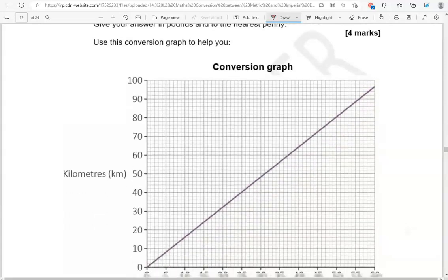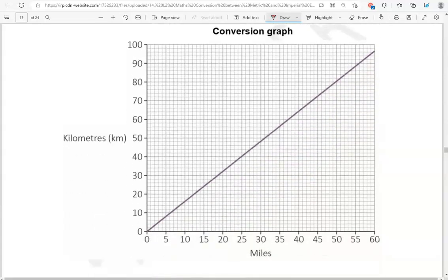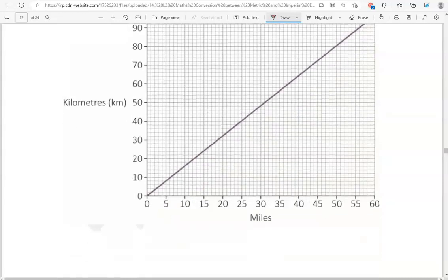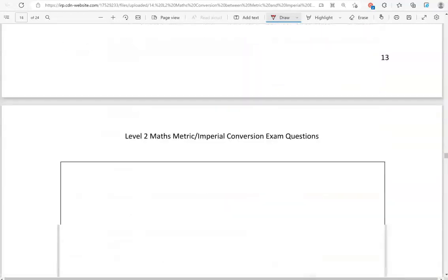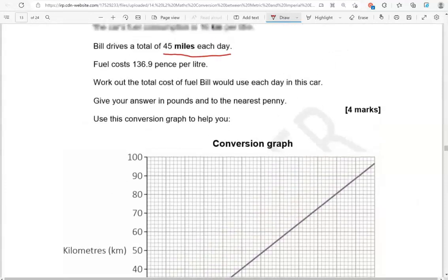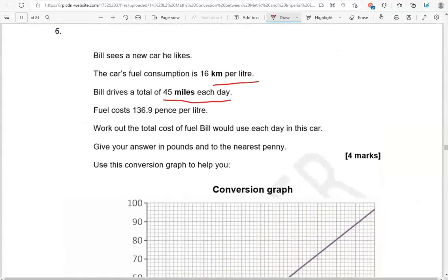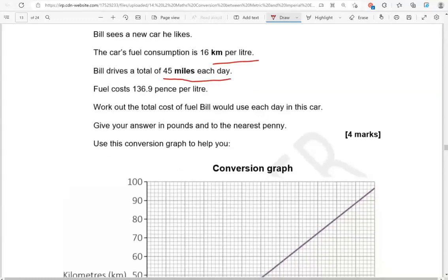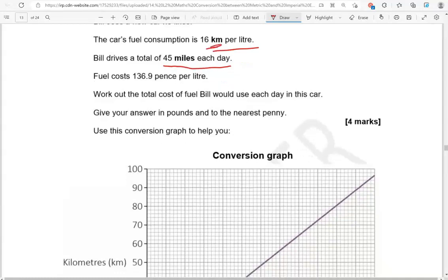So, the conversion graph converts kilometers to miles, or miles to kilometers. And here we have some space for working out, but I'm going to use this space here where the graph is, so I don't need to switch between the different pages. So if we start by converting 16 kilometers into miles, that can help us with the calculations, because we've got kilometers here and then miles.